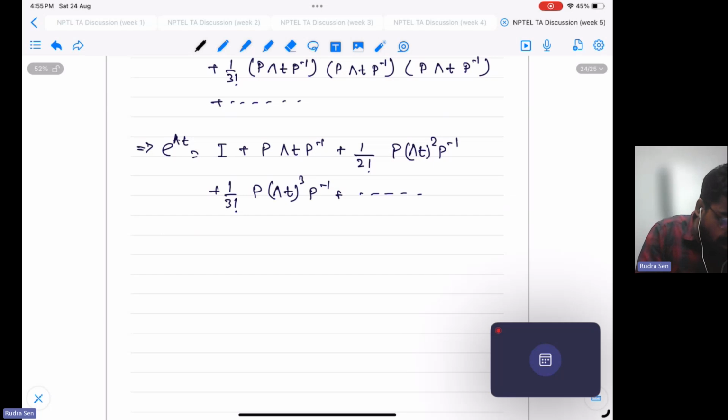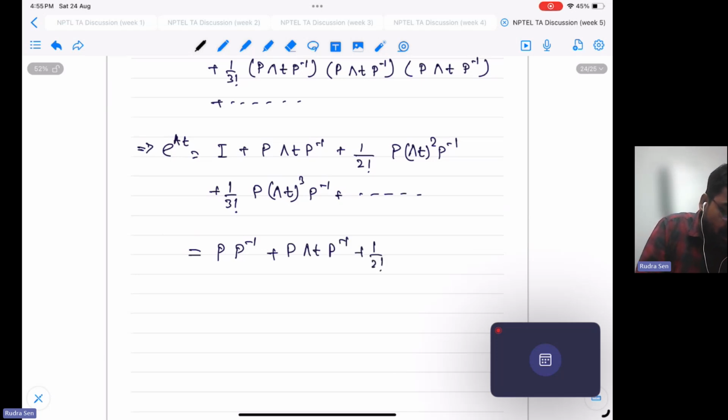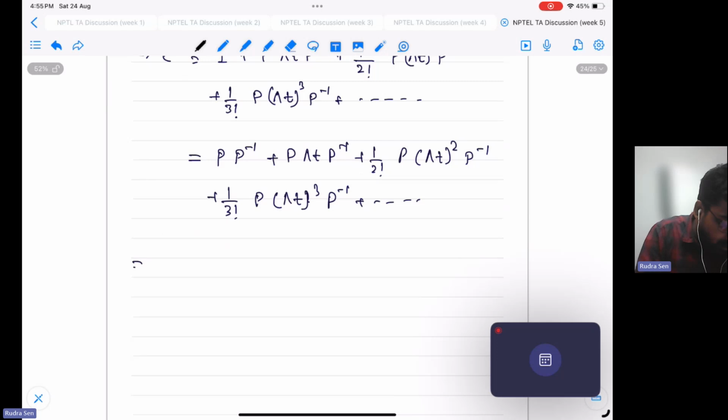Now we can write I in terms of P and P inverse: P P inverse plus P lambda t P inverse plus 1 by factorial 2 P lambda t square P inverse plus 1 by factorial 3 P lambda t cube P inverse, and it continues that way.